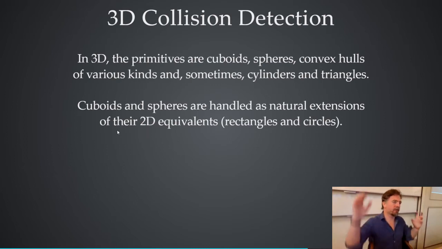If you want to work out whether two spheres collide, it really is the same as the two circles, where literally you just add one more dimension. Instead of x squared plus y squared, it's x squared plus y squared plus z squared. Geometrically it's very similar. And again, the check for cuboids is just like the check for rectangles, except there are more of them. You have to do it for all the 6 faces.